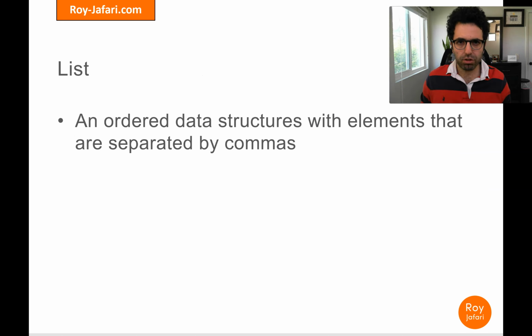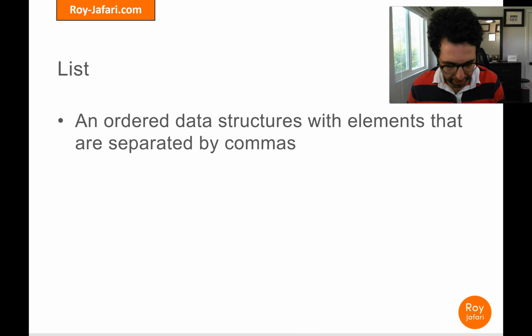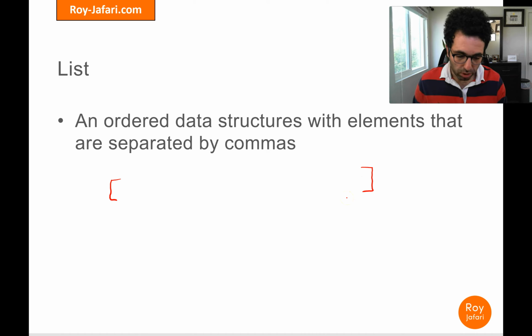But let's get started with a list. A list is basically an ordered collection of items. The way we create a list is with brackets. This is the way we signify a list, by just having our items.